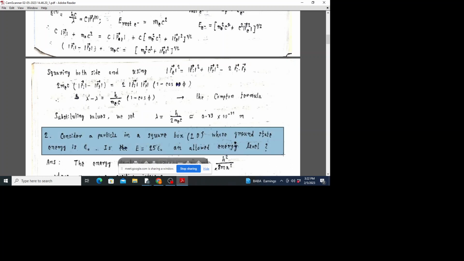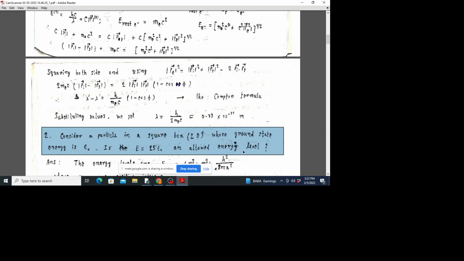So this is the problem statement. Consider a particle in a 2D square box whose ground state energy is epsilon naught. The question is, is E equal to 25 epsilon naught an allowed energy level?